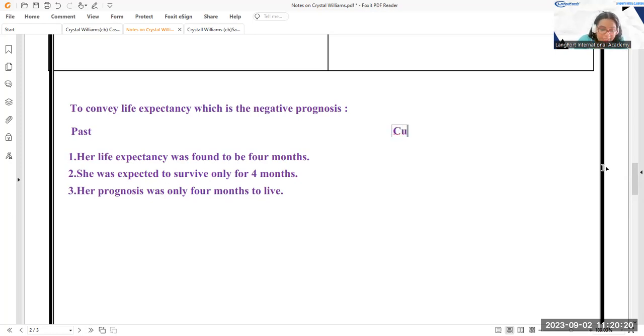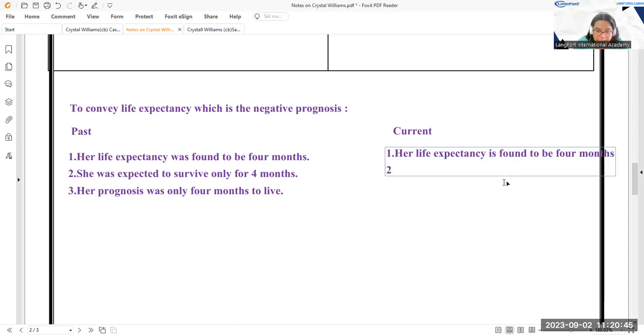If right now you are talking about life expectancy at the moment, then you can say the same thing, but replace was with is. So her life expectancy is found to be 4 months.